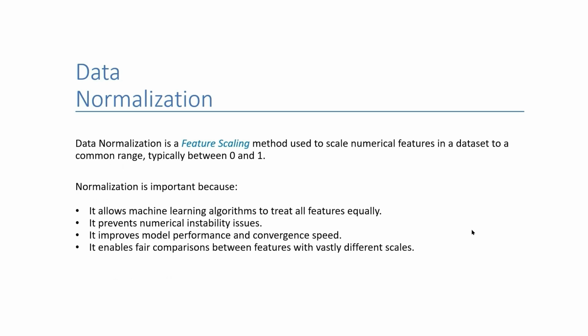Normalization has the following benefits: it allows machine learning algorithms to treat all features equally, it prevents numerical instability issues, it improves model performance and convergence speed, and it enables fair comparison between features with vastly different scales.